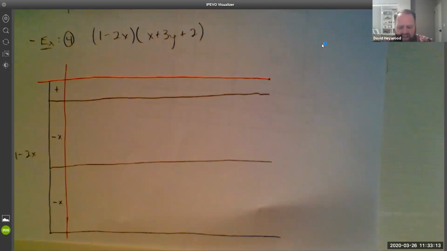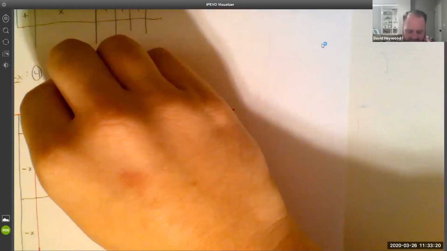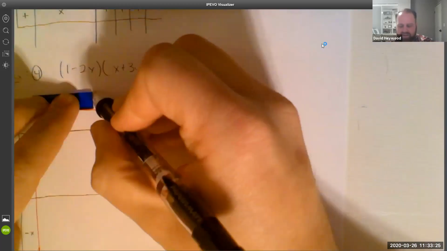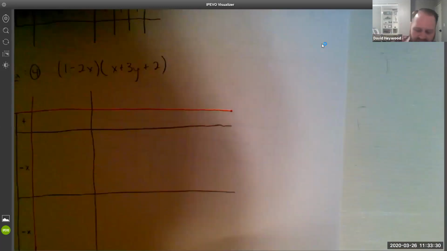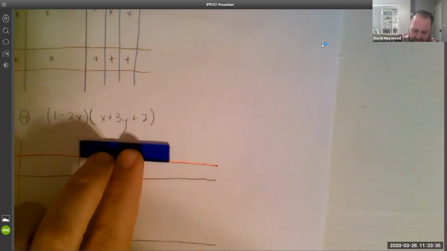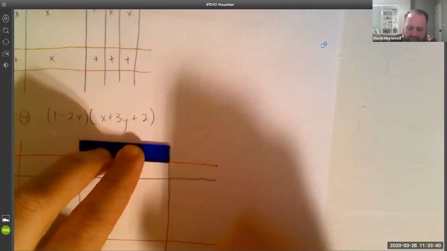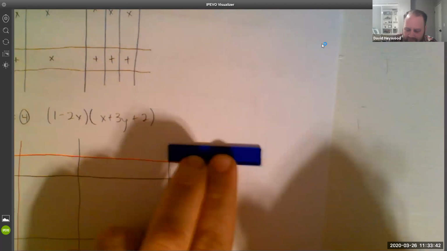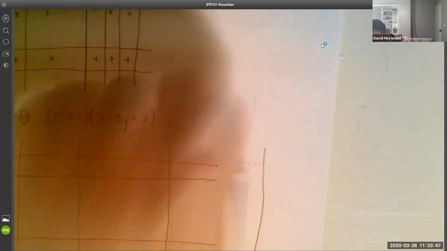I have a feeling this is not going to fit on my page, unless I make my tiles smaller. We'll see. There's x. See, because my y's are so long and I have to fit 3 of them on here, it's not going to work. Here's what I'm going to do.